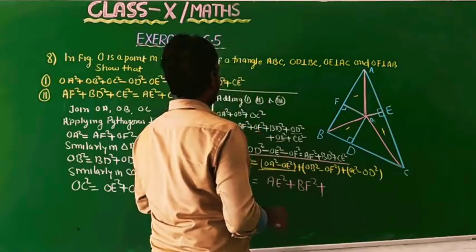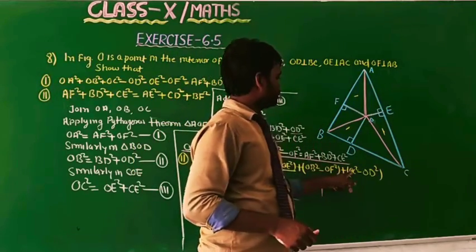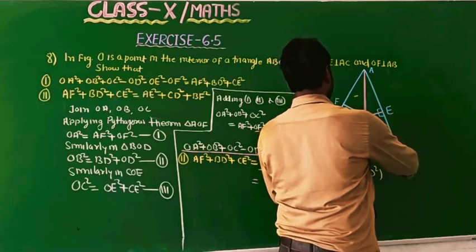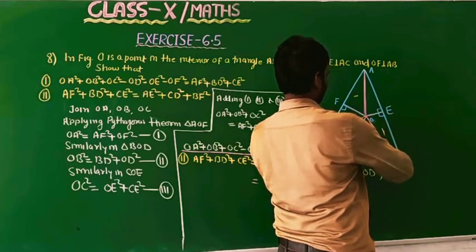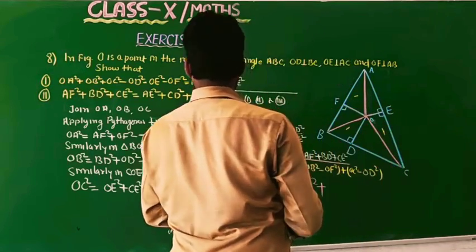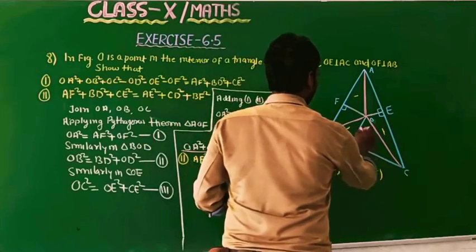And next OC square minus OD square equal to CD square, in this triangle.